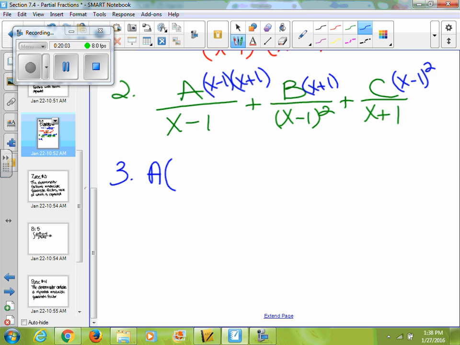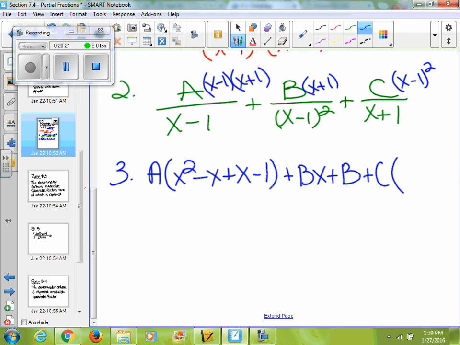I FOIL the top, I get x squared minus x plus x minus 1, all times my A factor. If I distribute my B, I get Bx plus B, because B times 1 is just B. And if I FOIL this, I get x squared minus 2x plus 1. So if I keep distributing, I get Ax squared minus x.